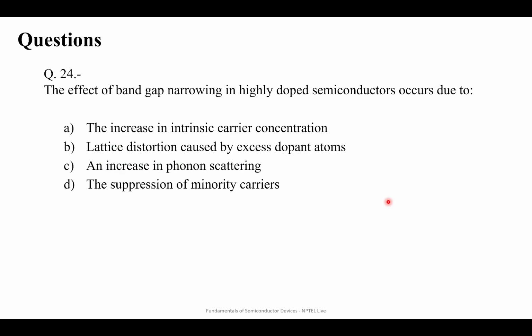The effect of band gap narrowing in highly doped semiconductors occurs due to the increased intrinsic carrier concentration, lattice distortion caused by excess dopant atoms, an increase in phonon scattering, or the suppression of minority carriers.